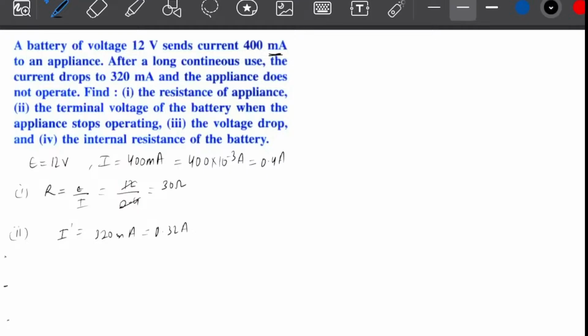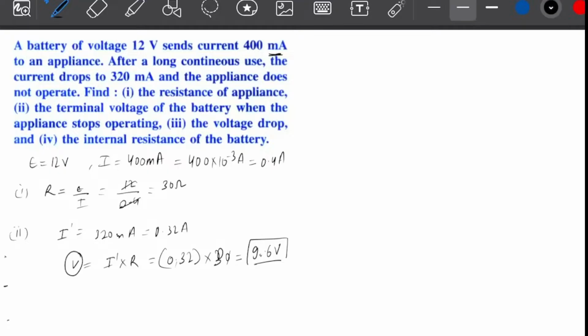The terminal voltage of the battery would be V equal to I dash into R, where R and I dash are already given. So it would become 0.32 into 30, and we get 9.6 volts as our terminal voltage.